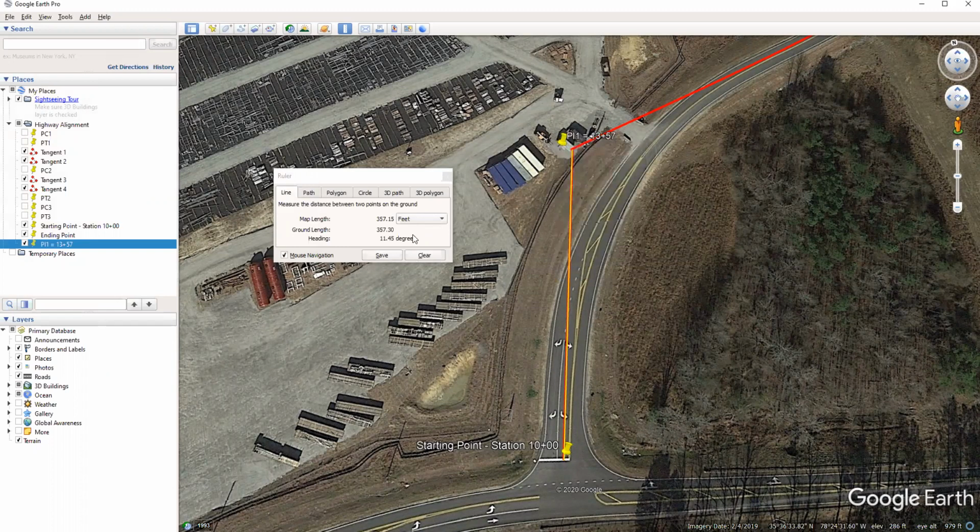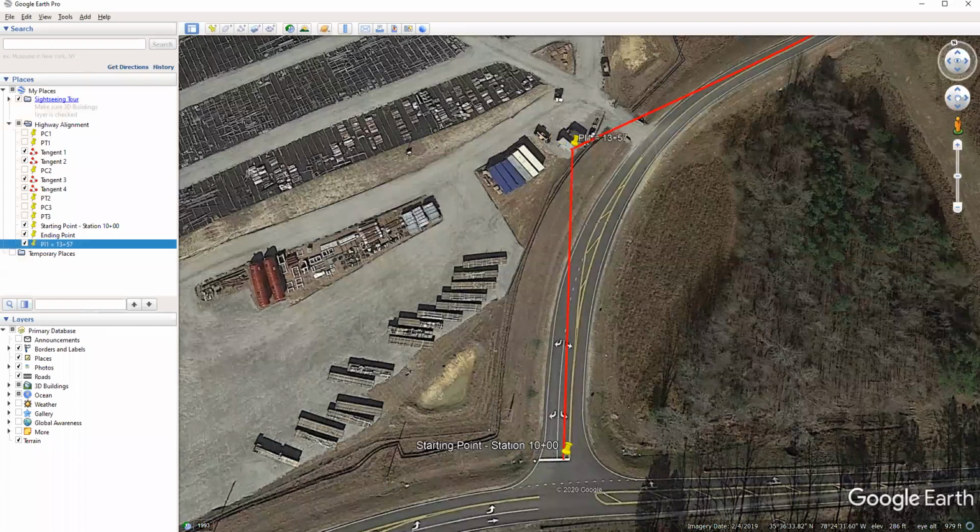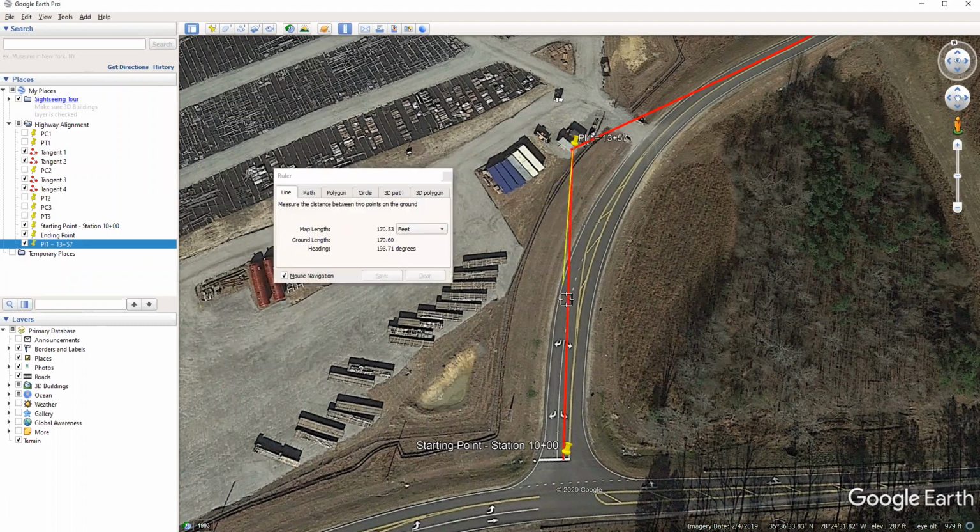We also have some information from the design files about the curves, and that information for our first curve here is that the tangent length is 278 feet. And so to establish where our first PC is, we need to come back from the PI 278 feet.